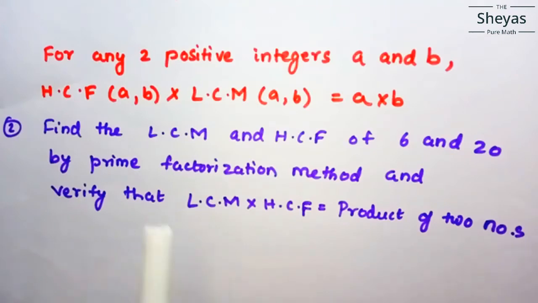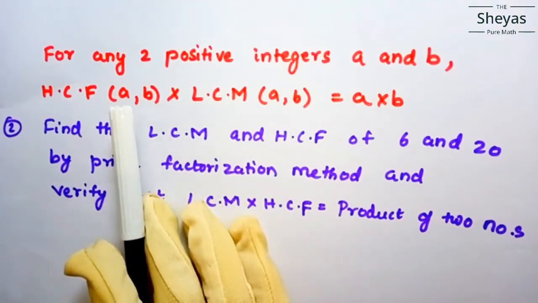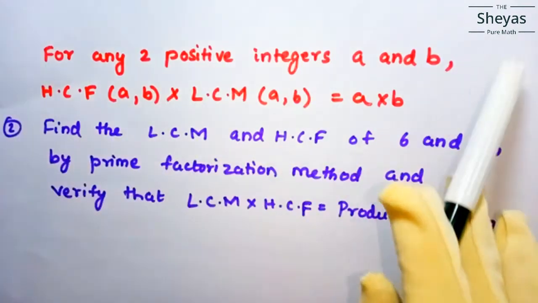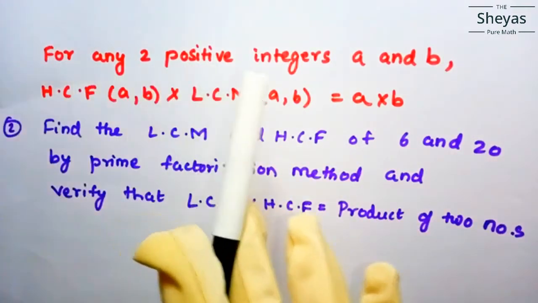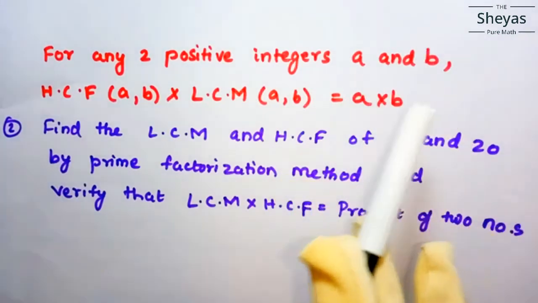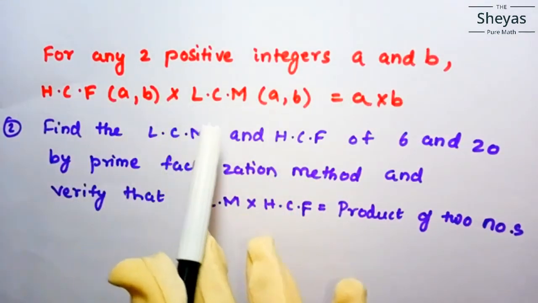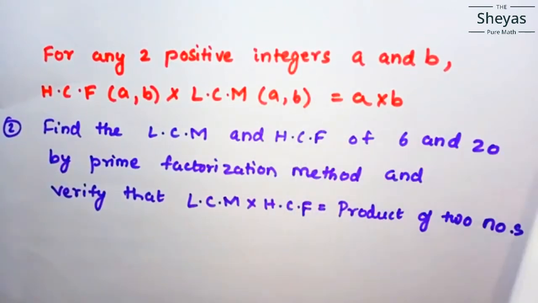So next one, just see, keep this concept in the mind. For any two positive integers a and b, HCF of a comma b into LCM of a comma b is equal to a into b, which means that HCF of any two numbers multiplied by LCM of any two numbers will be the product of those two numbers.